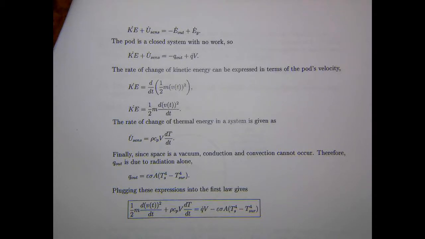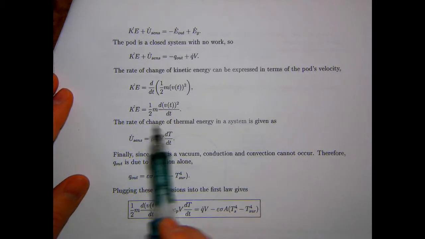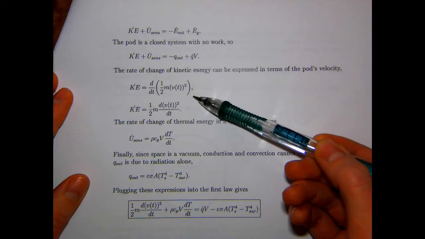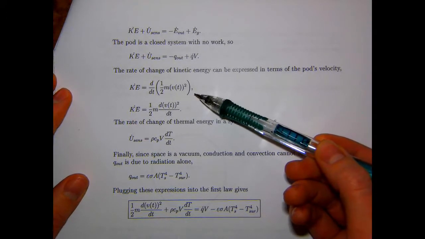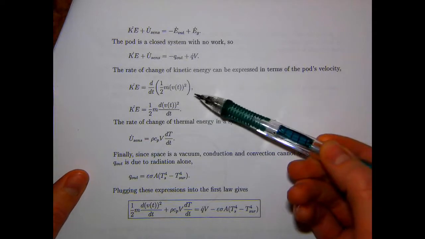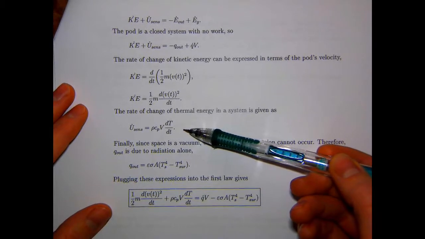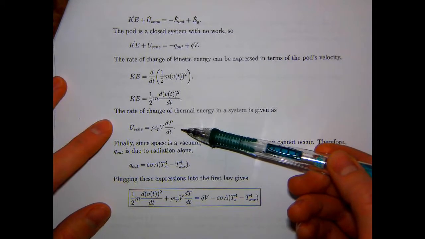If the velocity is changing with time and also the temperature inside the pod is increasing with time, then it's not a steady-state problem. So you can express the change of the kinetic energy using the kinetic energy equation, 1/2 mv squared, taking the derivative of it, the rate of change of kinetic energy, and then the rate of change of the sensible energy.